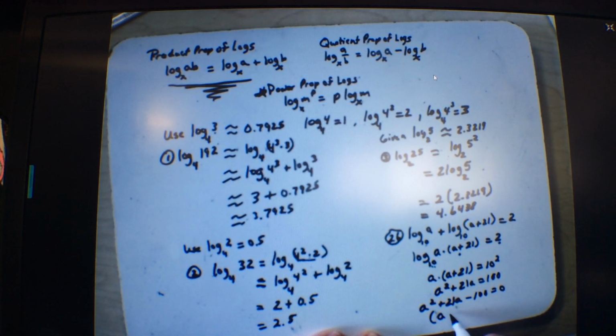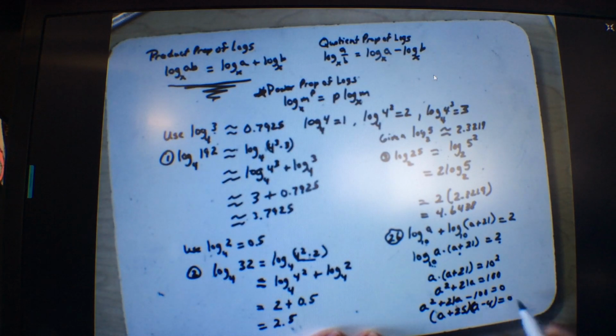A plus 25, A minus 4, correct? Equals 0. Do you remember how to factor that? We're reversing FOIL. What's wrong? Dawson, I reverse FOIL. A plus 25 times quantity A minus 4.